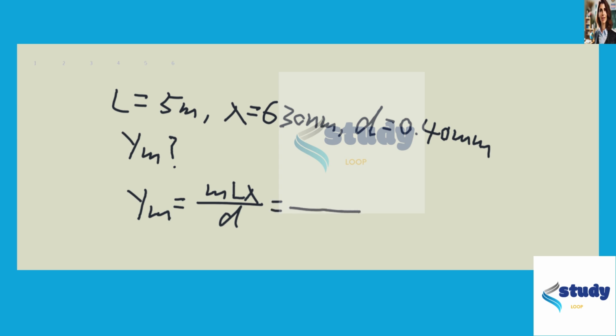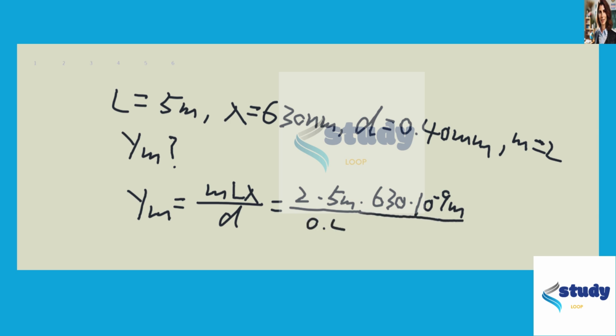The m for this case is 2, because it's talking about the zeroth order band and the second order band. So m is 2. Times 5 meter times 630 times 10 to the negative 9 meter, since 1 nanometer is 10 to the negative 9 meter, divided by 0.4 times 10 to the negative 3 meter, since 1 millimeter is 10 to the negative 3 meter.